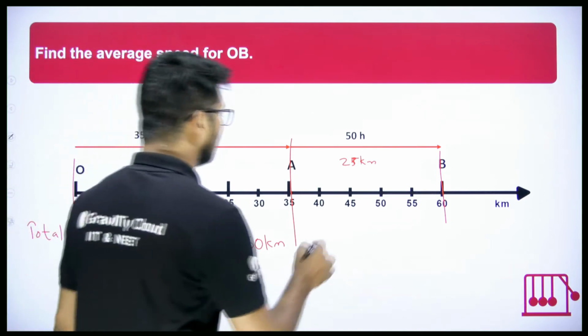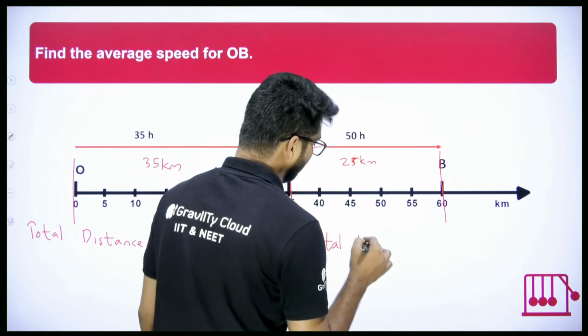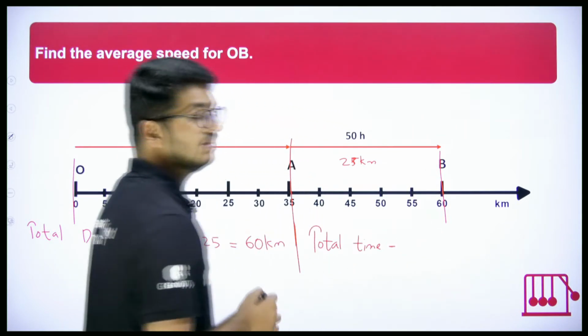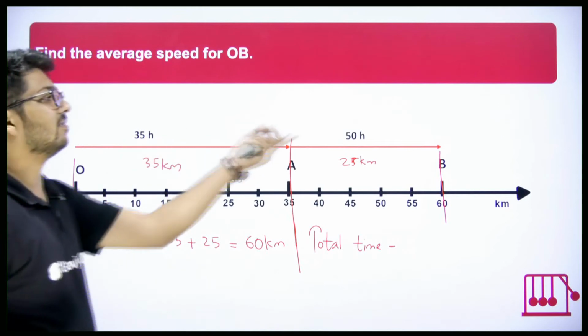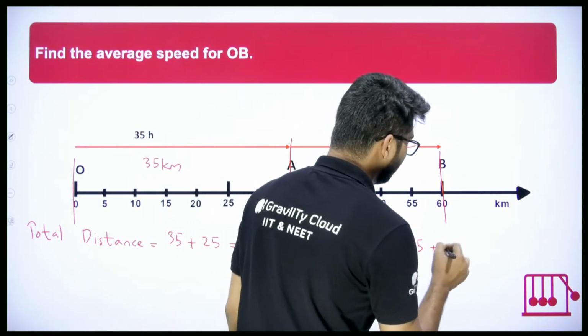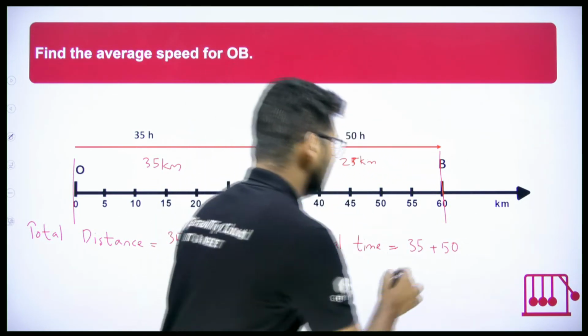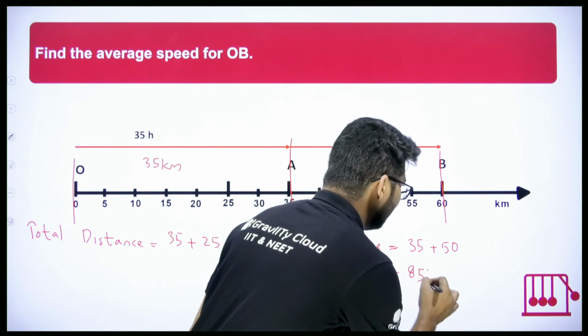Then if I go with total time, look at that, what will total time be? 35 plus 50. You have to add the time, 35 plus 50, which is how much? Which is 85 hours.